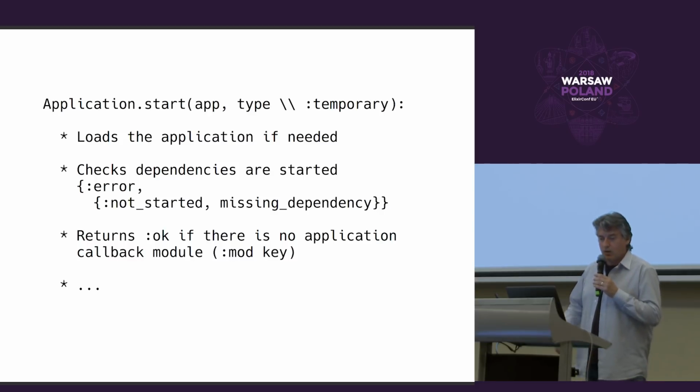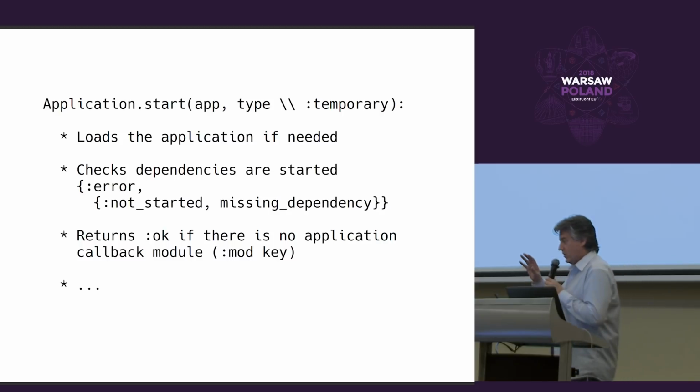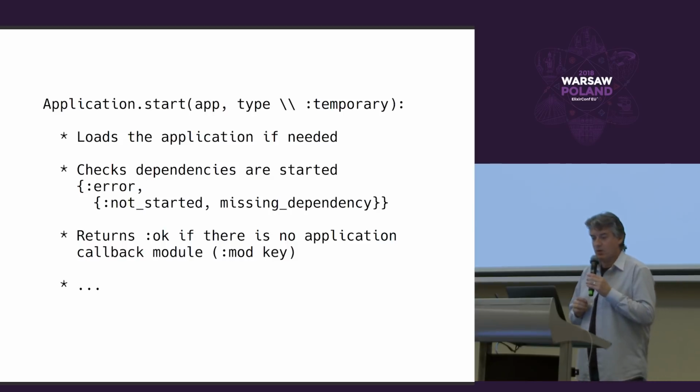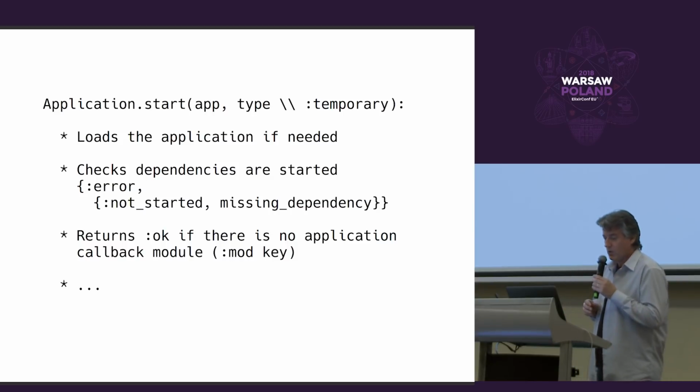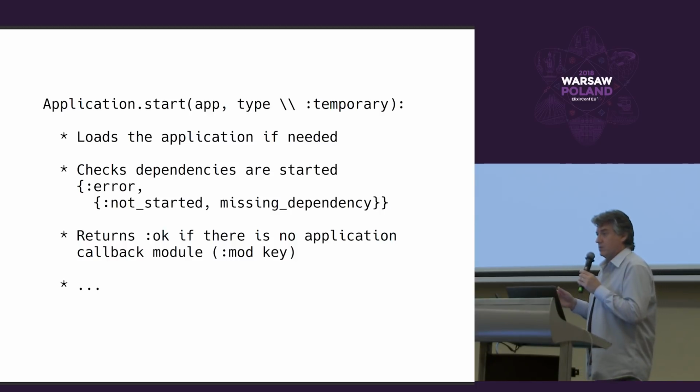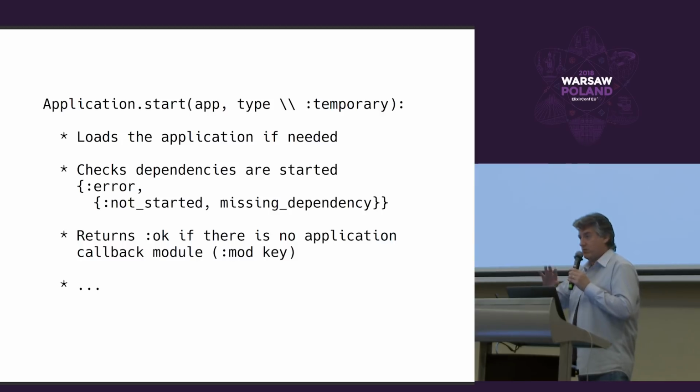All right. So we have the resource file, we have the concept of loading an application, and now we are going to see what starting an application is, which gets us closer and closer to the boot process. Starting an application means the following. You load the application, which is what we just saw, if needed. If it was loaded already, fine.